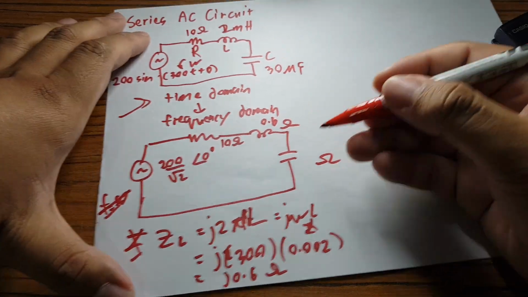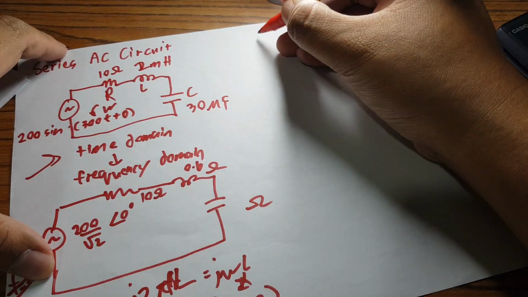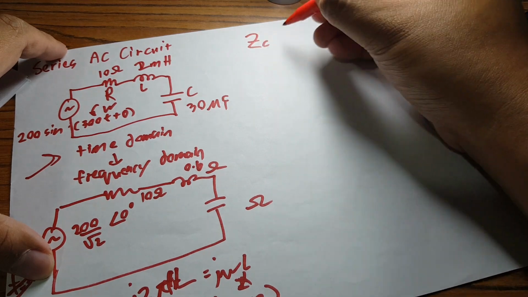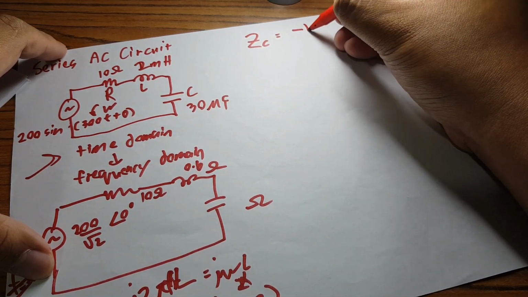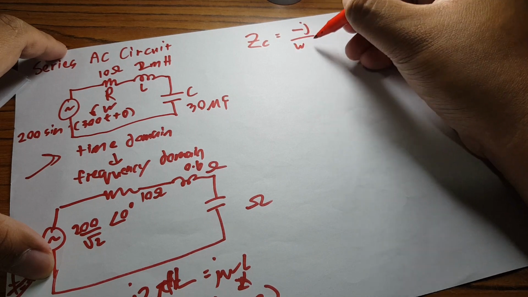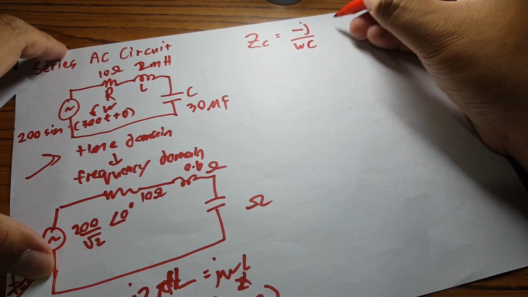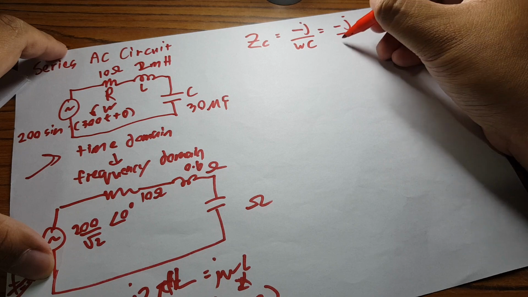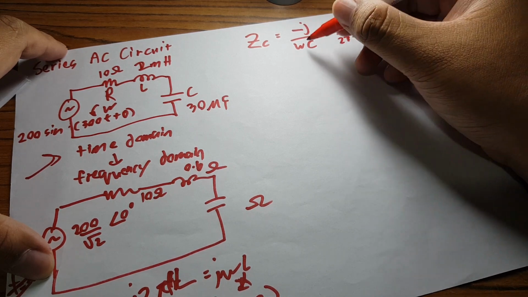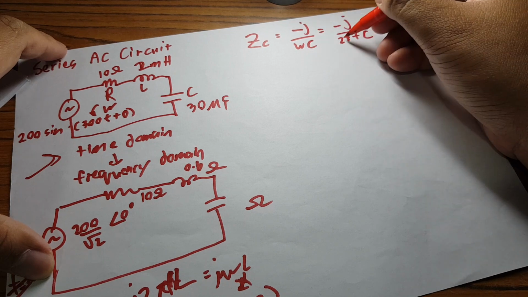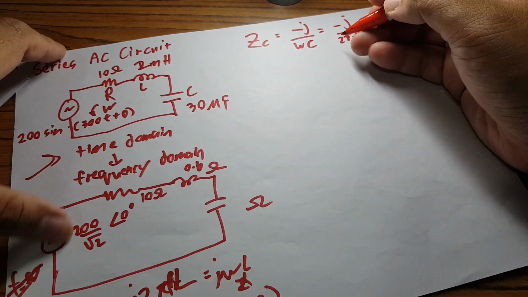Now for the capacitor, you have to change. So ZC, the impedance of the capacitor, is negative j over omega C, or negative j over 2 pi F C. Depending on the question, you can use either this one or this one. If they give omega, you use omega.